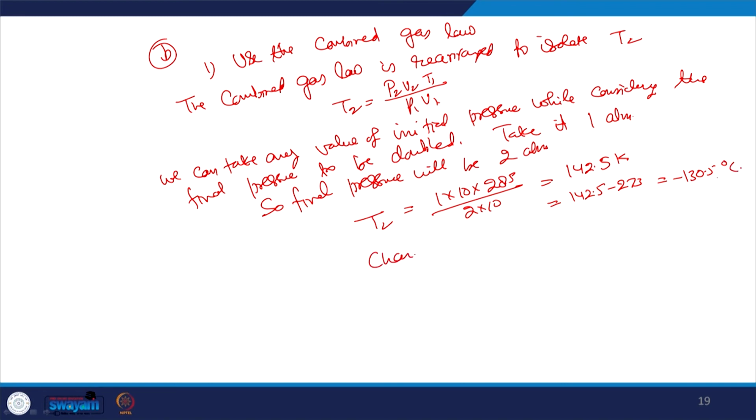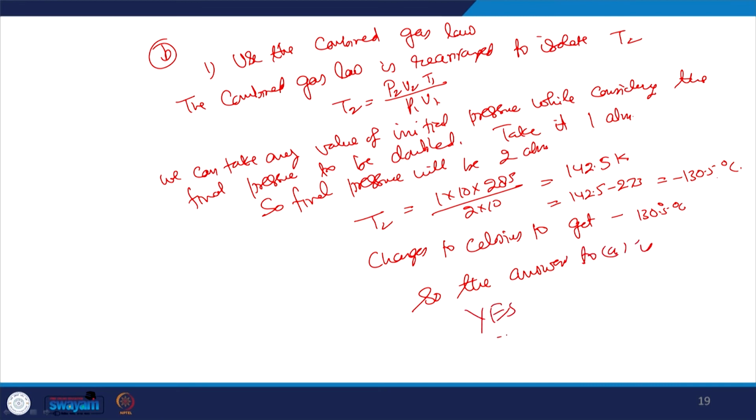Now change to Celsius to get minus 130.5 degrees Celsius. So the answer to part A is yes.